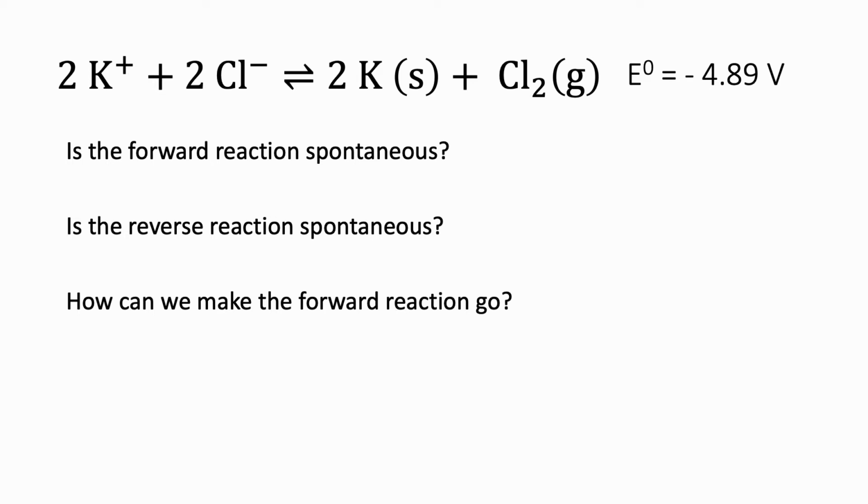So is there a way that we can get the forward reaction to occur? As before, the answer is yes. And the way that we do that is by putting in a lot of energy. In this case, because it is an electrochemical reaction, the easiest way to do that is with the application of electric current. The answer is yes, and it's through the process of electrolysis.